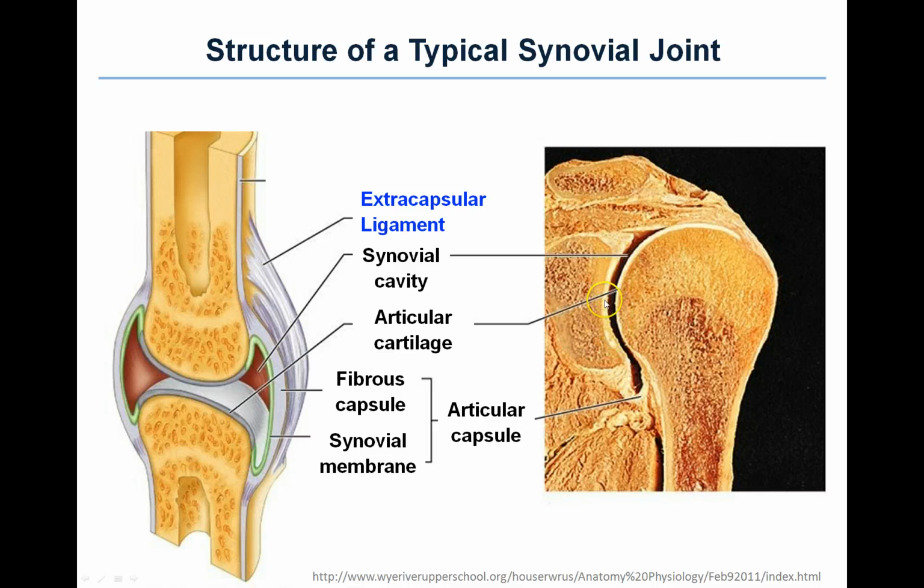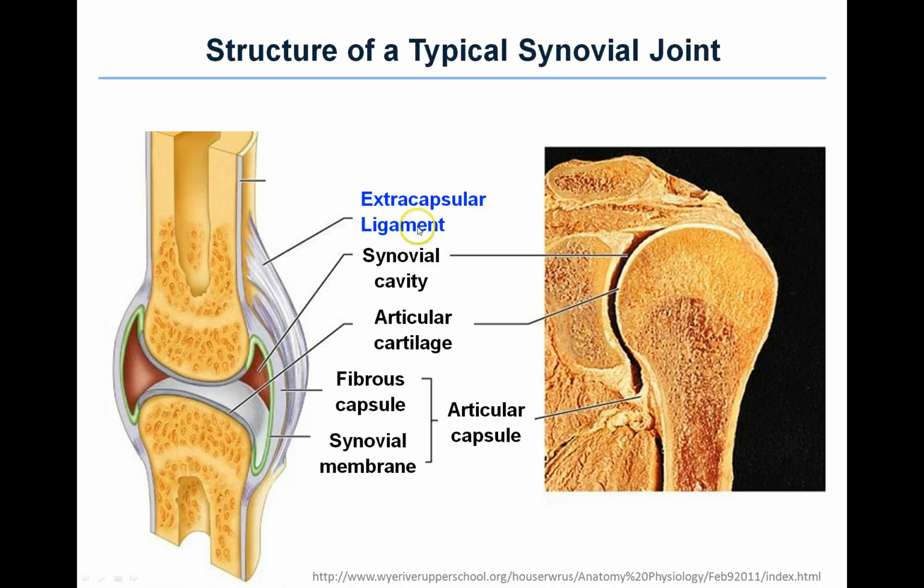So wherever there is a joint surface where movement is occurring, articular cartilage always lines those areas where the bones are actually in contact. You will never have a joint where bone is actually articulating with bone directly. The articular cartilage provides an important shock absorber and also a lubricating surface.